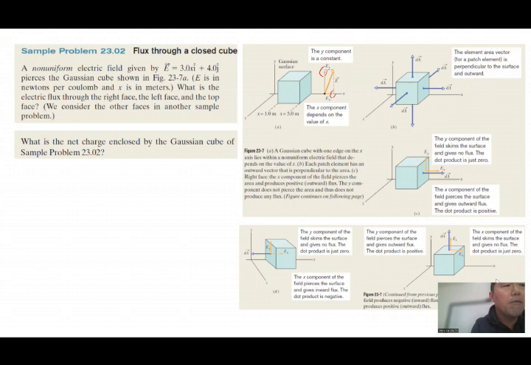In order to estimate the electric flux, the first step is to set up the area vector. Normally, the area vector is perpendicular to the surface of the Gaussian cube, or Gaussian surface. So here, vector A is the area vector, and that is normally perpendicular to the Gaussian surface.